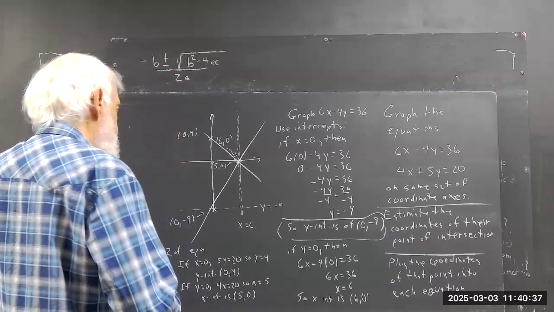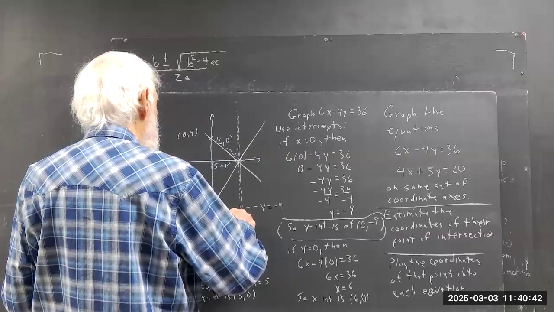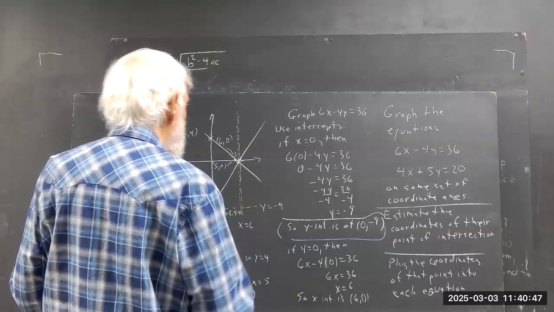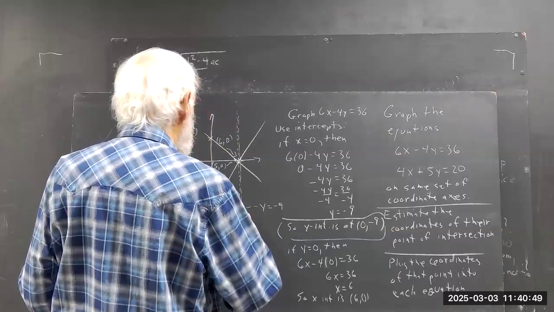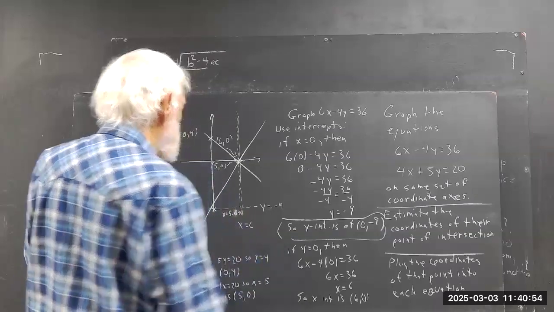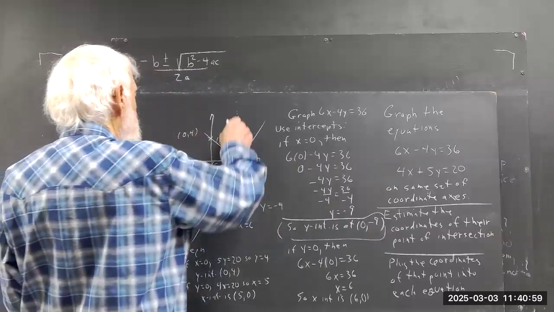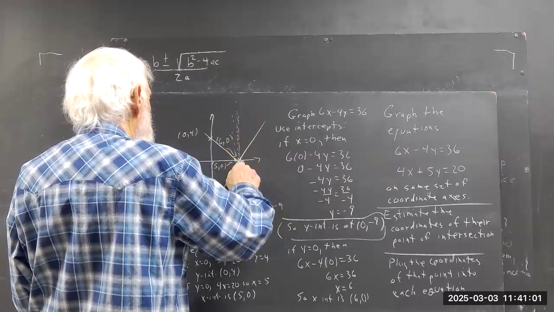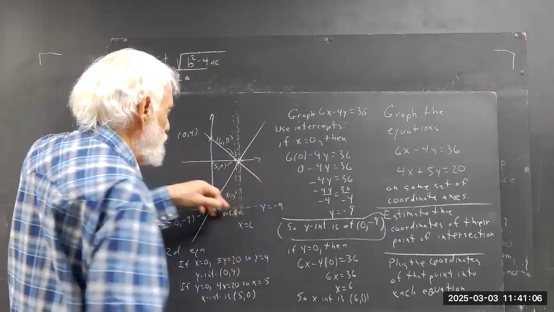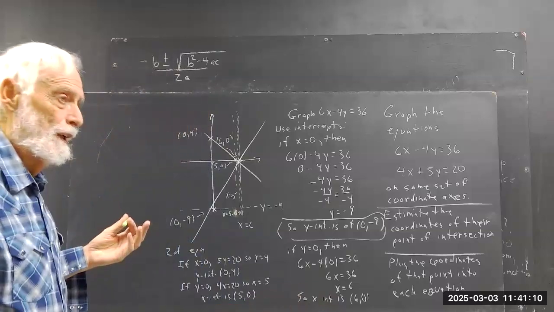I'm going to say this is the line x equals 5.4. Actually, I'm going to say 5.6 because it looks like it's a little closer to 6 than it is to 5. And here's x equals 6. Here's the line where x equals 5. And this line is actually closer to 6 than 5, the way I've drawn it.